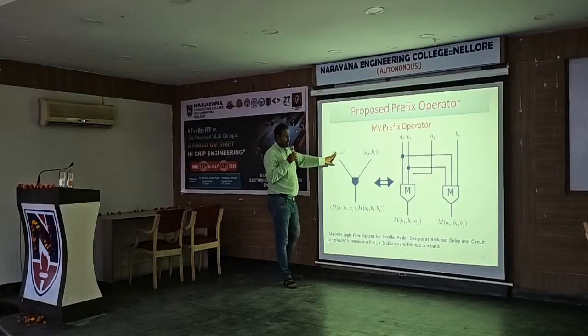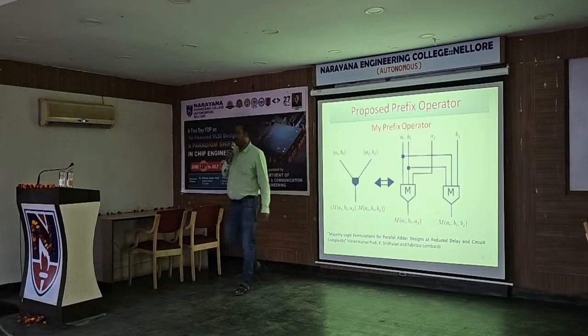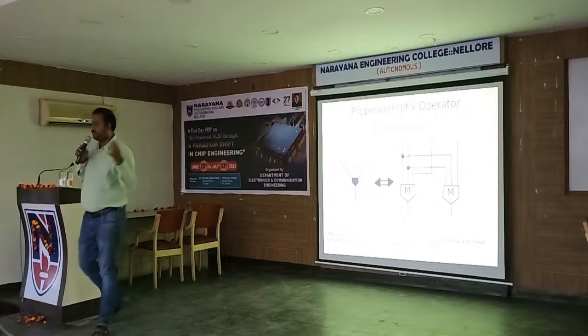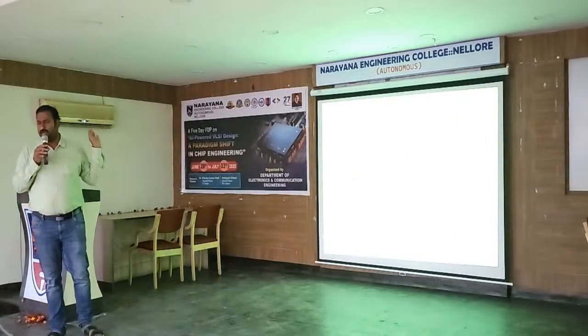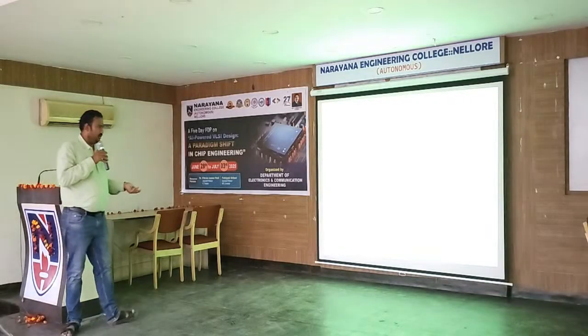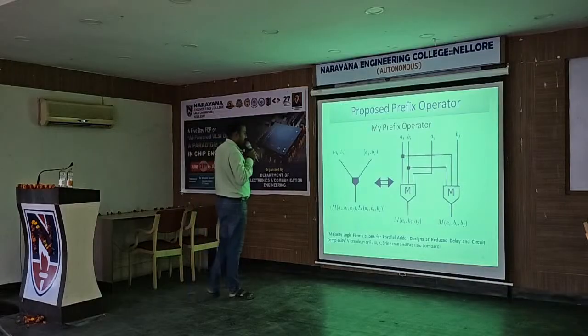It takes A and B, A_j, B_j, and it gives 2 majority gates. So if somebody wants to use a majority gate based deep prefix adder, they have to use this operator. You cannot go beyond. So that's how I created a majority gate based prefix operator, completely redefined.